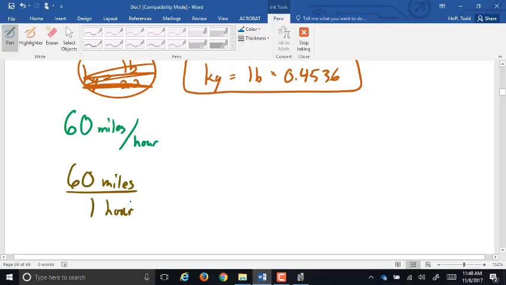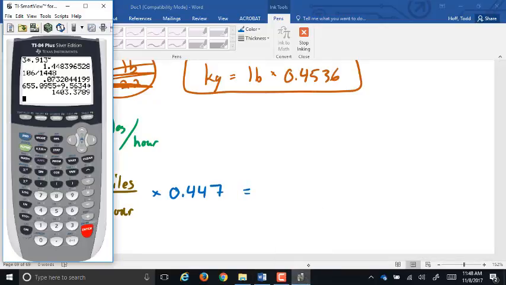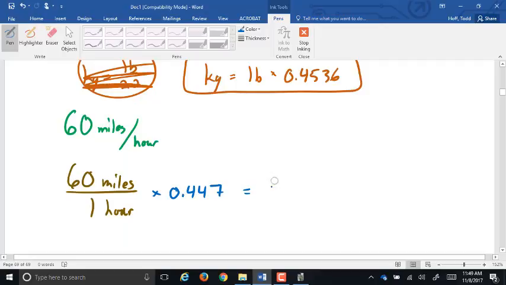Oh, they do give us 1 mile per hour is equal to 0.447 meters per second. So they're going to make it easy on us and just give us this conversion. So we just take 60 times 0.447, which gives us 26.82 meters per second.